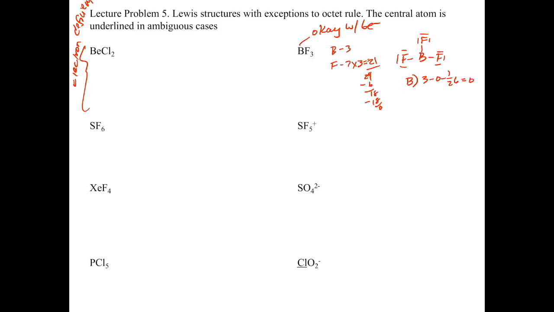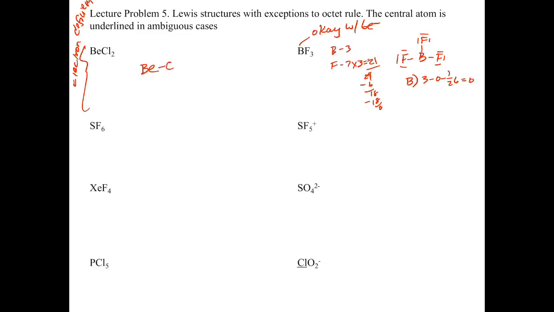So boron is actually perfectly comfortable with just having 6 electrons. The note that you want to make is that boron and beryllium are okay with 6 electrons, and the reason for that is because of formal charge. And what you're going to actually see is that beryllium is actually okay with only 4 electrons.